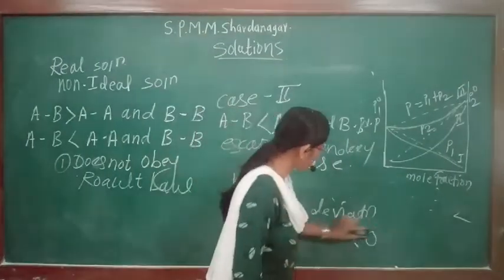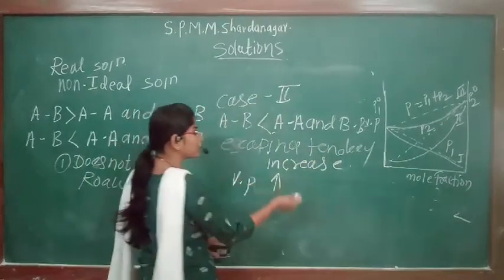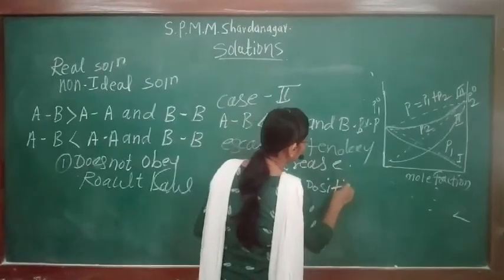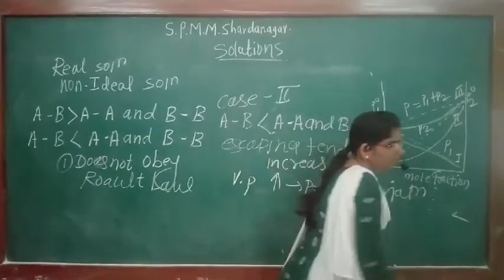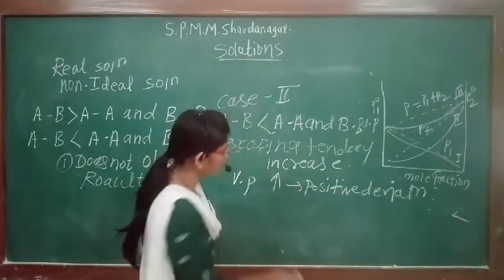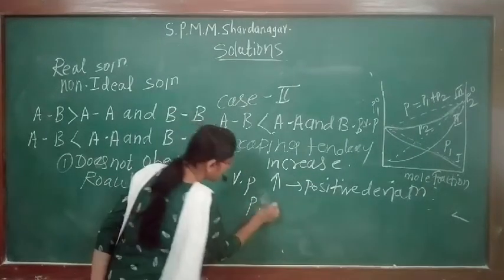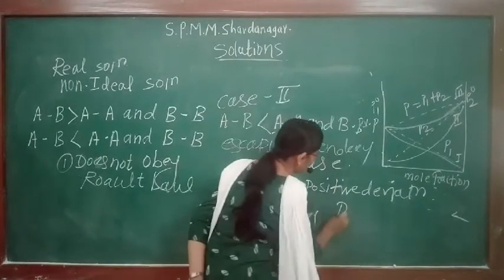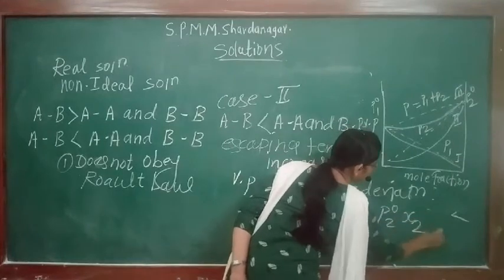That means it shows which type of deviation? If the vapor pressure increases, then it shows the positive deviation from Raoult's law. That means P1 is greater than P01 x1, and also P2 is greater than P02 x2.